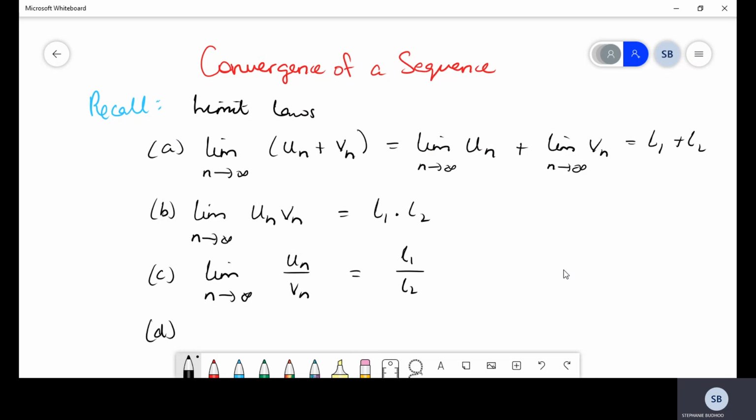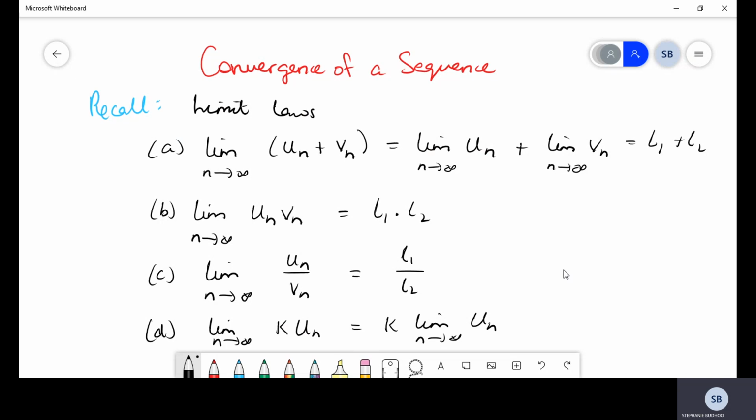And finally, this rule applies to anything you're doing in most cases. If you are multiplying a sequence by a constant value k, just like when you integrate, you can pull out that constant, and it will simply be equal to the constant times the limit as n goes to infinity of that sequence. K is a constant.